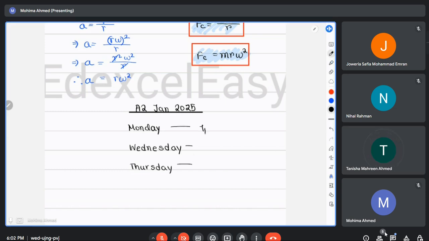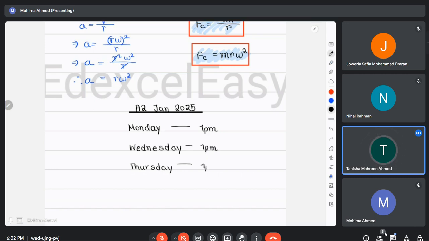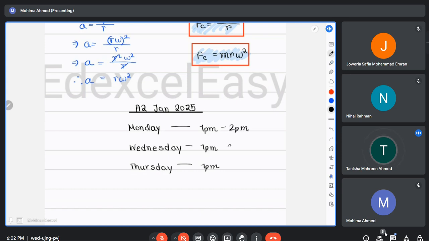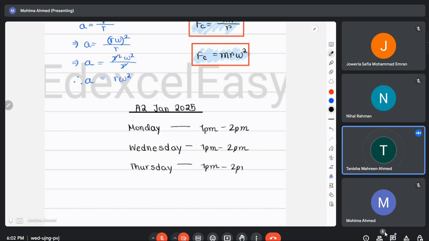Timing is the same, 1 p.m. Okay, I'll try to finish the classes by 2 p.m. So these are your A2 Jan 25 physics class timings: Monday, Wednesday, Thursday, 1 to 2 p.m.